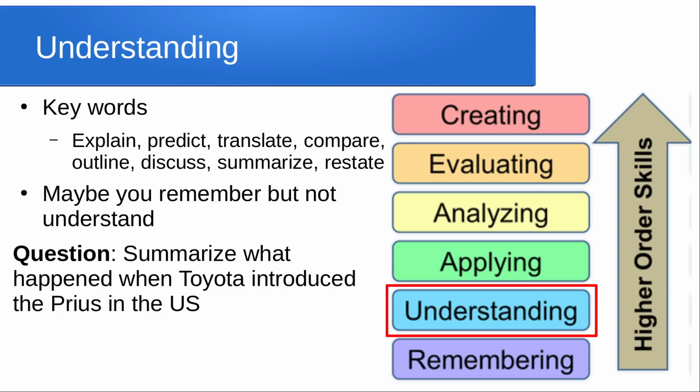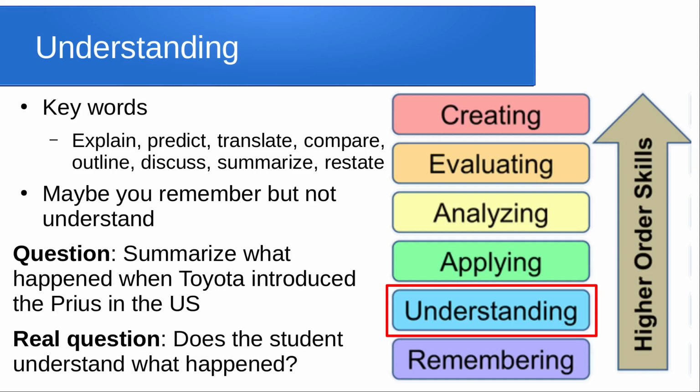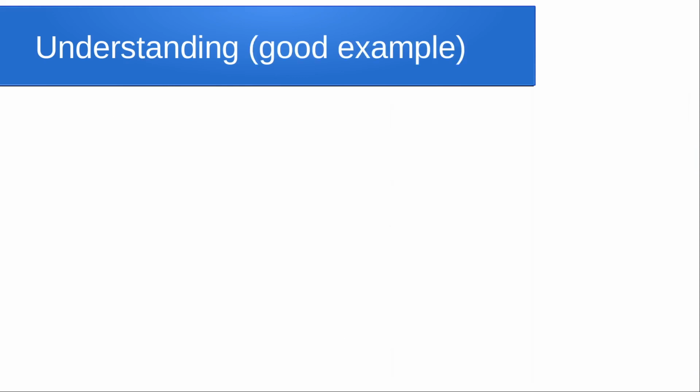An example question would be, summarize what happened when Toyota introduced the Prius in the US. The real question here is, does the student understand what happened in this event? And so you need to make sure that you show that. Of course, this requires more words.